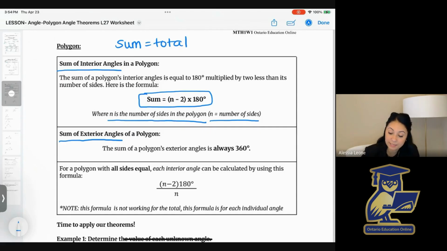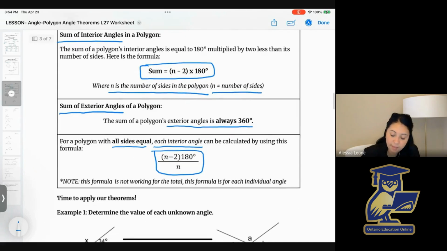The rule is that the exterior angles are always 360. And now for a polygon with all equal sides, if it's asking for each interior angle, that is this formula. For this formula to work, it's very important that the polygon has all equal sides. And that will find you the individual angles, each angle in the polygon.